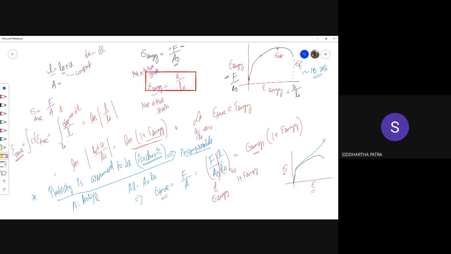Sorry, actually the strain value would be smaller and the stress value would be higher from these two expressions. So the strain value is slightly smaller, let's say over here. Okay, so that is the actual true stress-strain diagram.